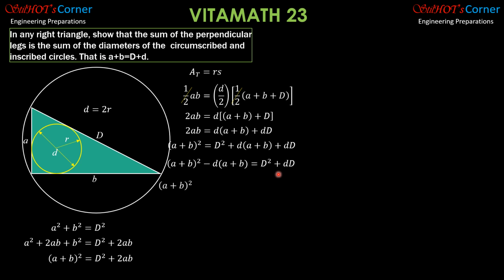So we add small d squared over 4 to both sides of the equation. Then we have on the right side capital D squared plus small d times capital D plus d squared over 4.